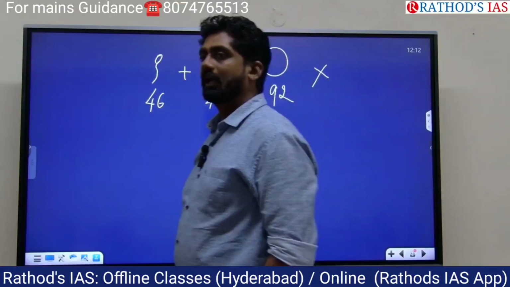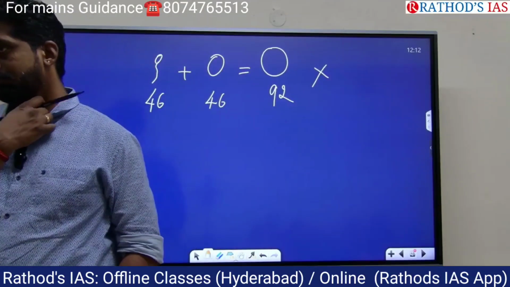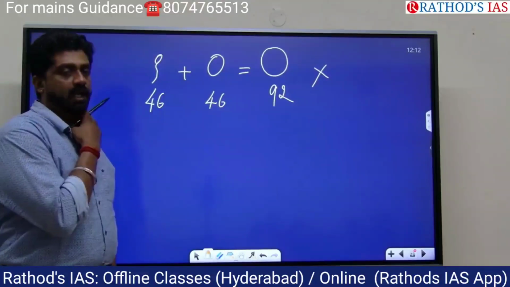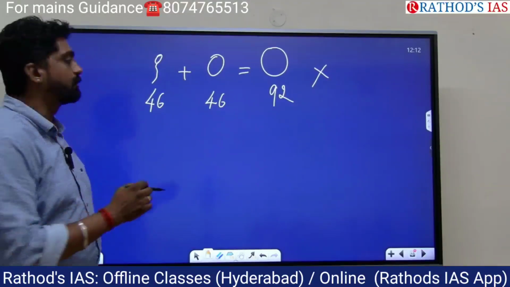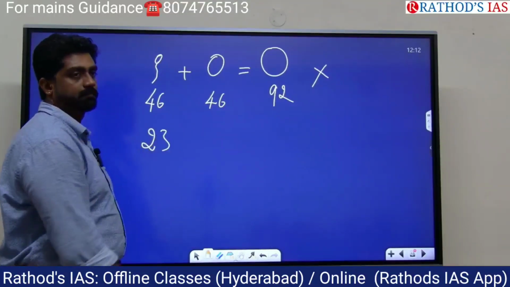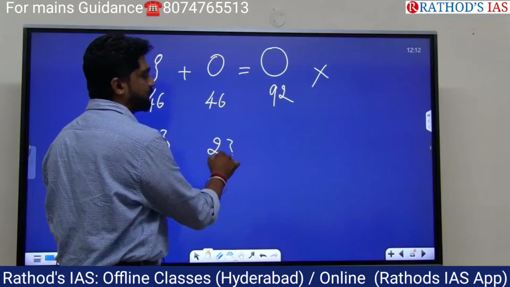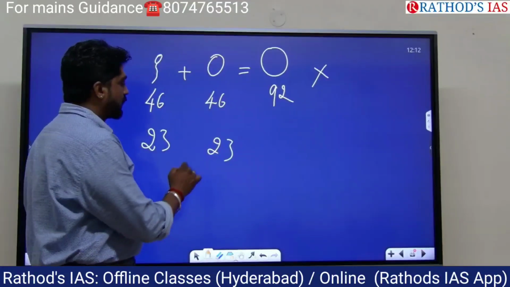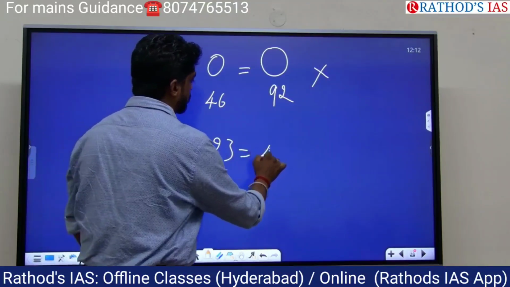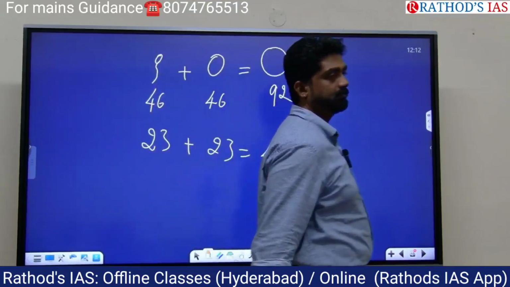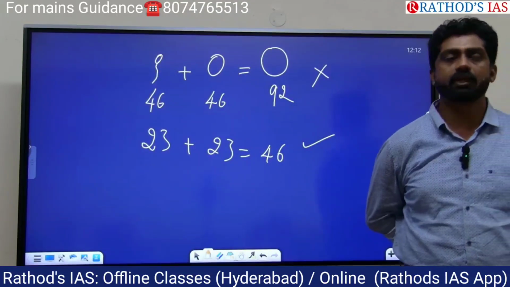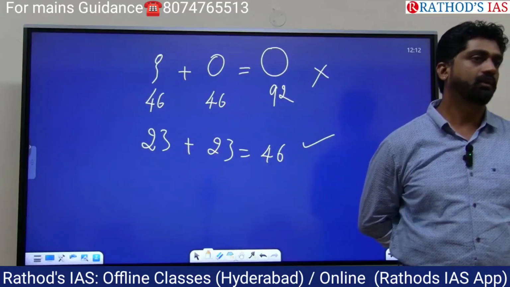Hence, in sperm and in egg, instead of 46 chromosomes, there will be 23 chromosomes. 23 in sperm and 23 in egg. So when sperm and egg fuse, 23 plus 23 is equal to how much? 46. Now it's right. Okay, understood or not? Yes or no?